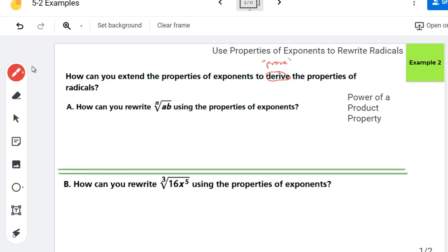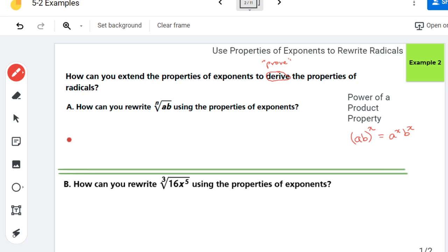So the power of a product property says that if you have a product such as A times B and you raise it to some exponent, I'm going to use the exponent x because I'm not very inventive, you can distribute that x across that multiplication. Okay, and that only works with multiplication.